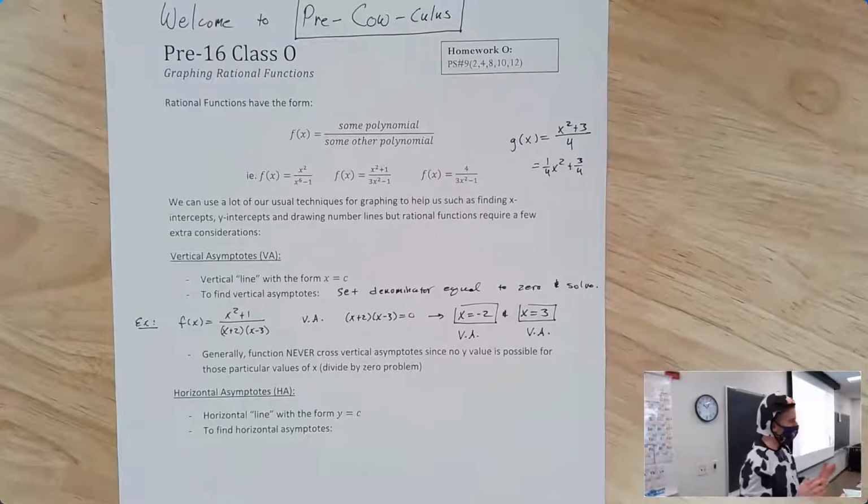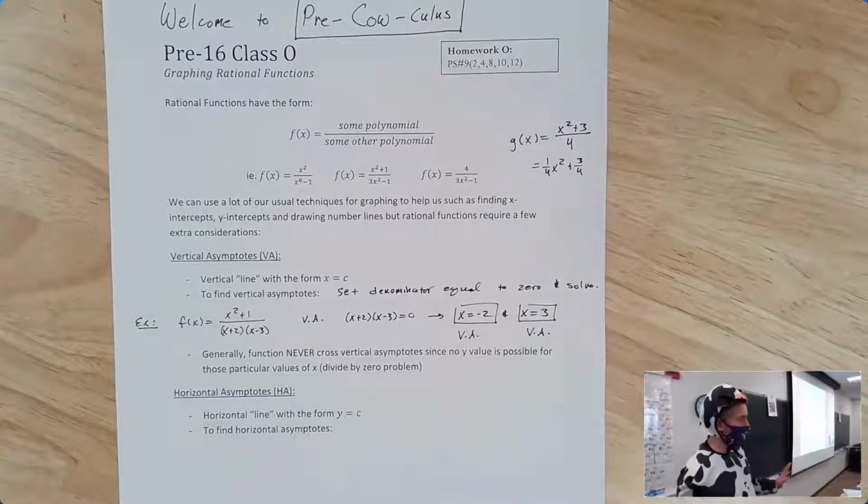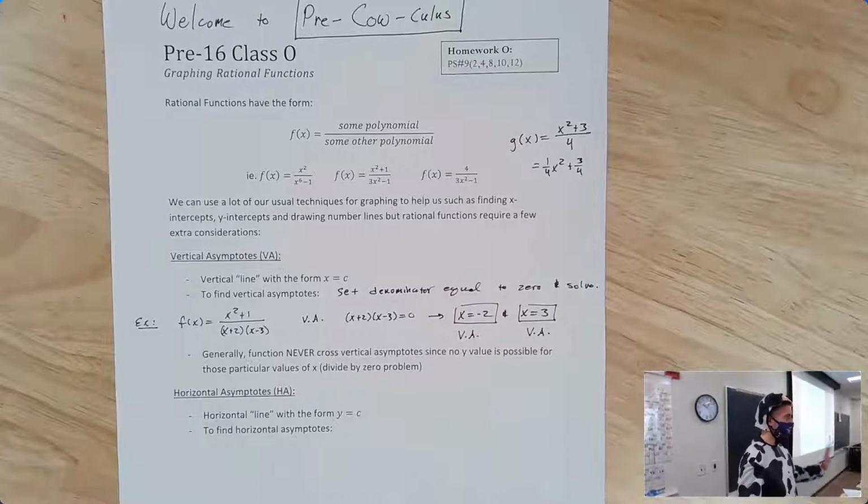So it's a little bit of a thought process there, but in the end, it's really easy to find them. All we're going to do is set the denominator equal to 0 and solve. There's going to be one little exception later on, which we'll talk about, but for now, that's really it. So as far as vertical asymptotes are concerned, the only time a function has a vertical asymptote is when you divide by 0, or if it's a logarithmic function.